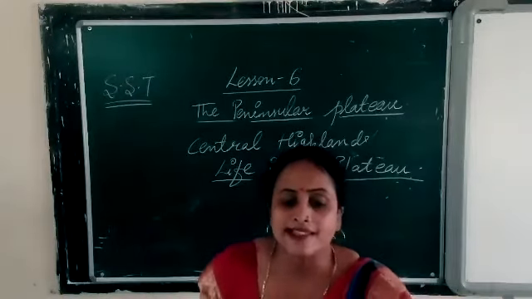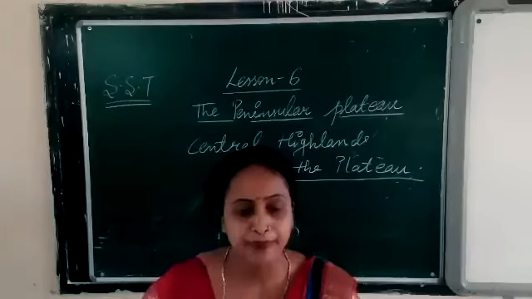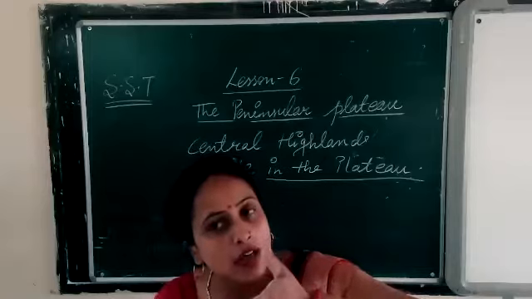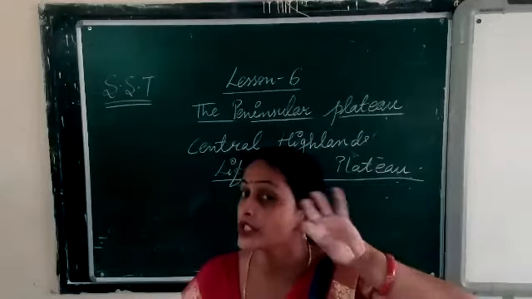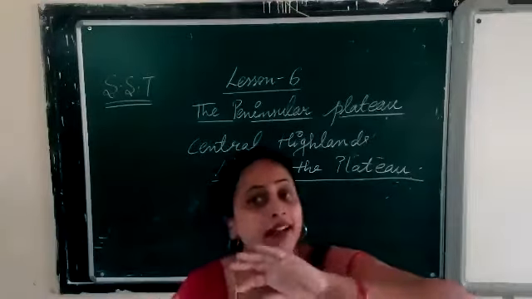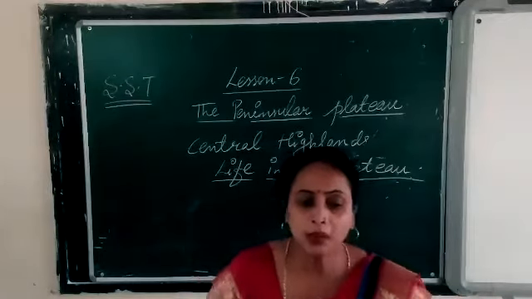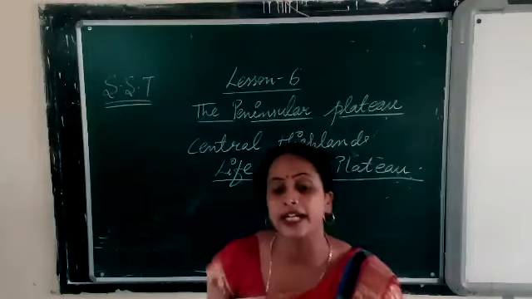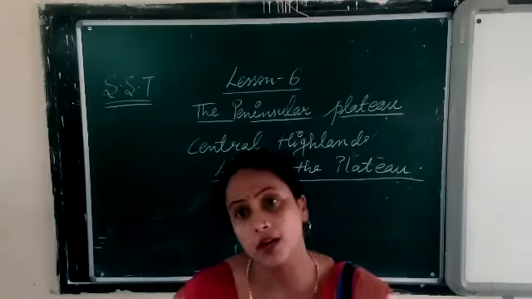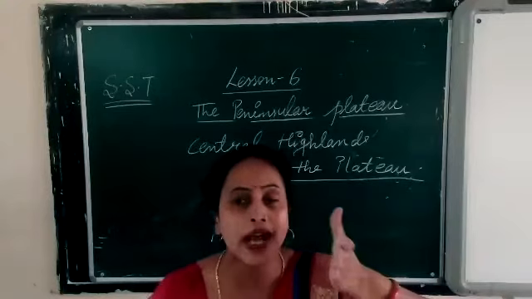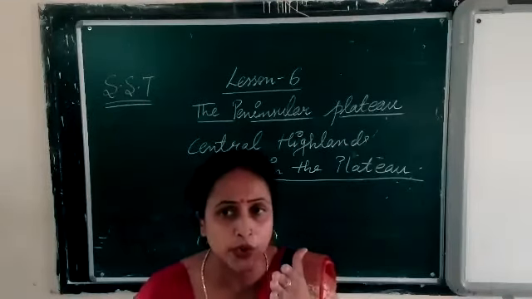In most places, the soil is black, which is very good for growing. We have already discussed that black soil is good for growing cotton and what? Oil seeds. Now, in some places, the soil is red, which is good for growing groundnut. In different plateaus, in different regions, we have different kinds of soil.